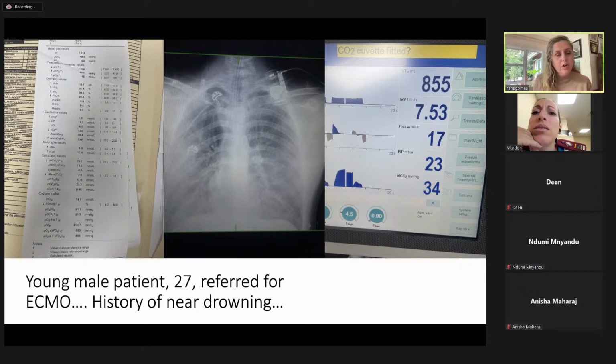Very acidotic. So we've got respiratory acidosis, metabolic acidosis, and lactic acidosis all working together to give us a horrible pH of 7.2. What's frustrating me a lot, and I'm trying to remind everyone, is that it's very important when we do blood gases to put in the right FiO2 and the right temperature.